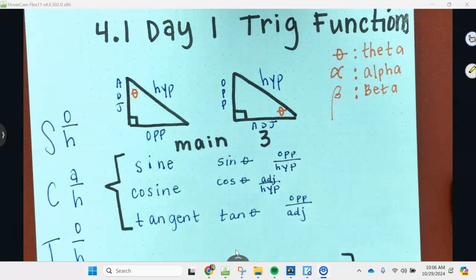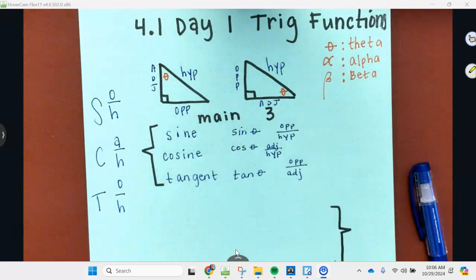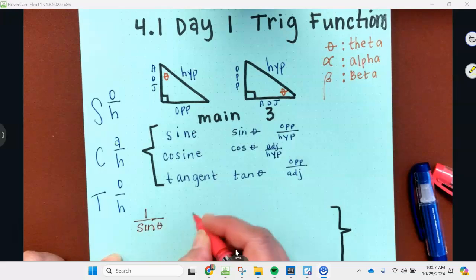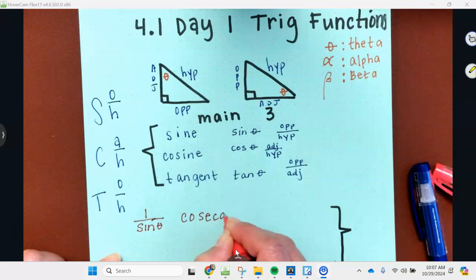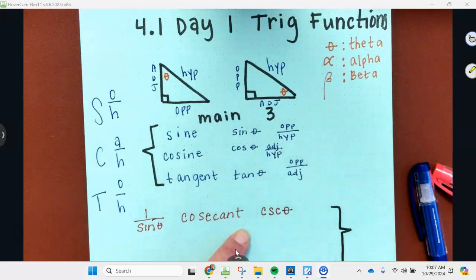What is a reciprocal? Y'all, what's the reciprocal of 3/5? Good. You just flip it upside down. Awesome. All right. So the reciprocals I'll write down here. It is going to be the reciprocal of sine is called cosecant. That's the formal word. We use the letters CSC, and it is going to have the hypotenuse on top.